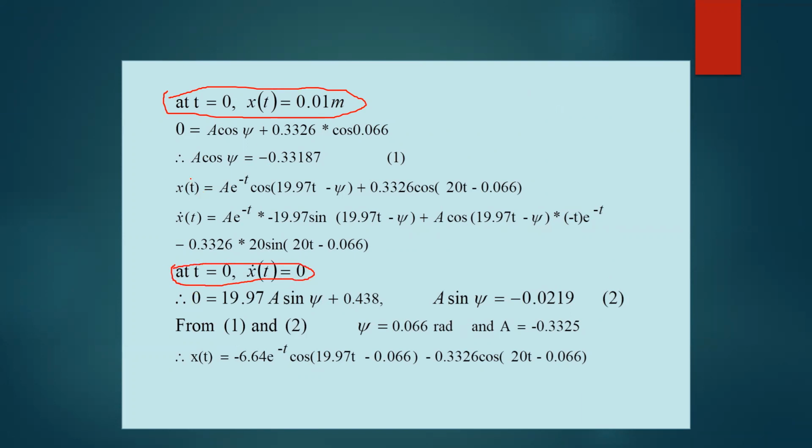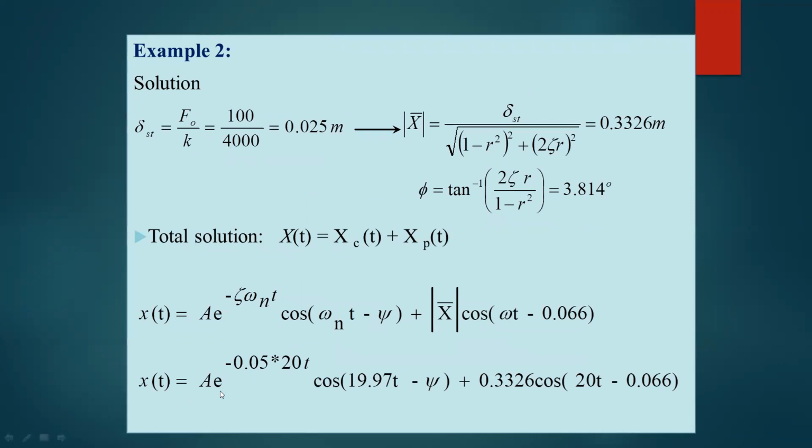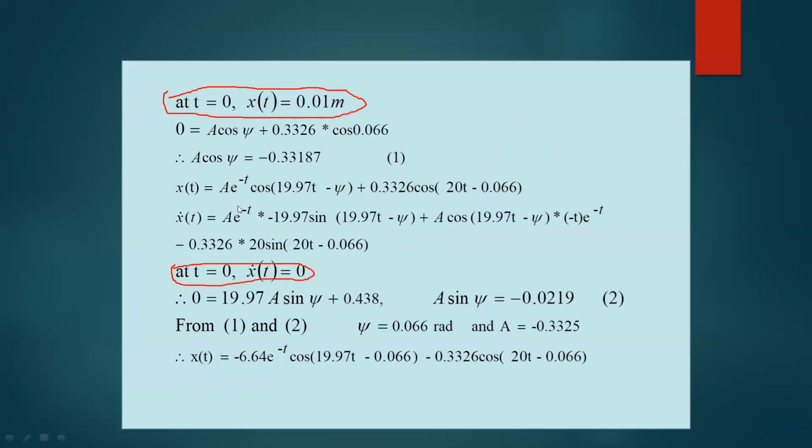So for that, this is the equation: x of t is equal to A e raised to minus zeta omega_d t, with zeta equal to 0.05, cos of omega_d t minus psi, plus the amplitude X cos of omega t minus 0.066. Based on this equation, we can find x of t.